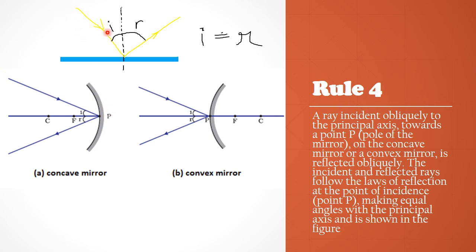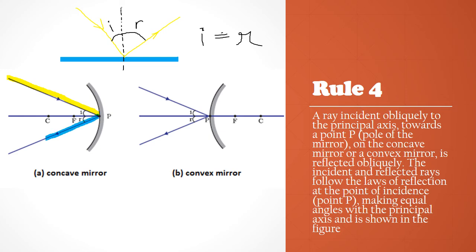It will get reflected back. This is your incident light. It goes and strikes the mirror at the point P. Now after reflection, what will happen? It will move in this downward direction.